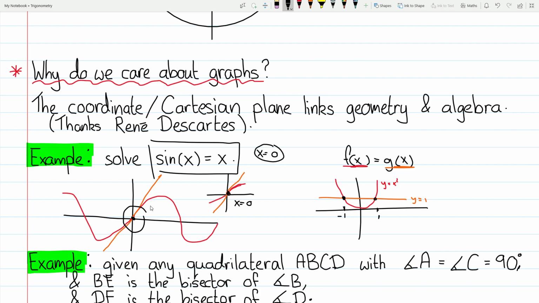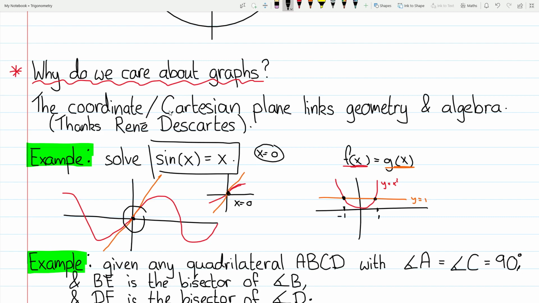In fact, if you look at these two graphs, the line seems somewhat close to the sine function within this interval, within this circle. But as you go further out, they look nothing alike. And this is actually an approximation that's quite commonly used in mathematics. Sine of x can be approximated as x for small values of x.